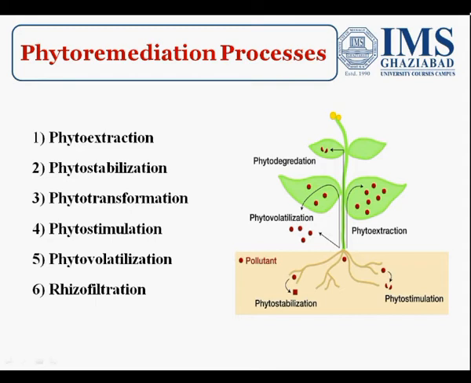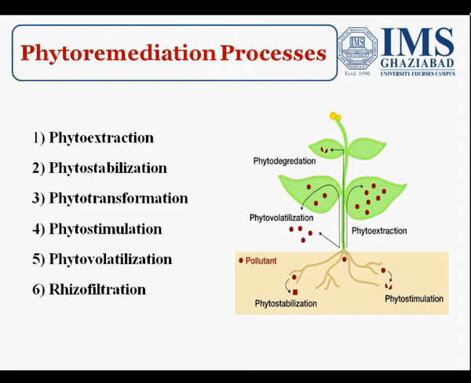Now phytostimulation. In this method, there is an enhancement of the microbial community and an increase of biodegradation in the rhizosphere. Then phytovolatilization. In this method, the contaminant is volatilized and released into the atmosphere.